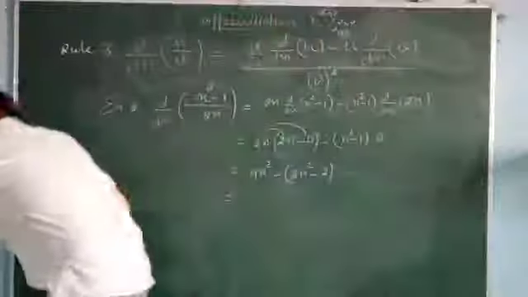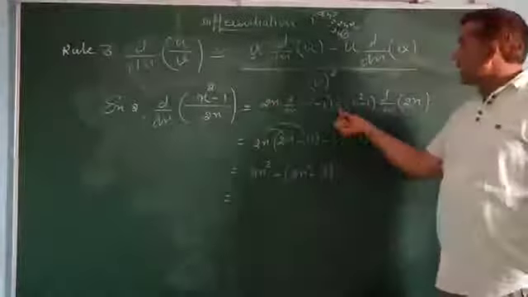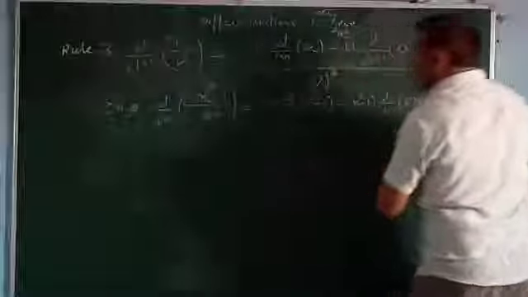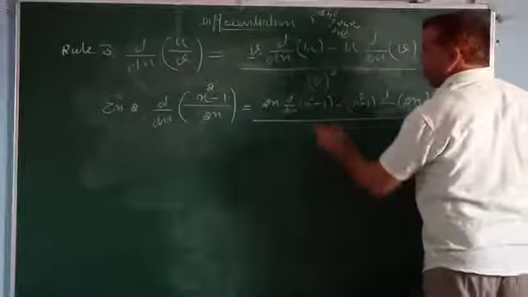sorry students, denominator as it is into derivative of numerator minus numerator as it is into derivative of denominator upon square of denominator, that is square of 2x.